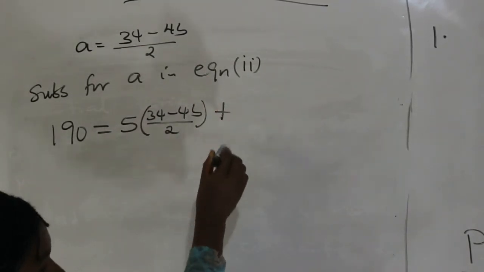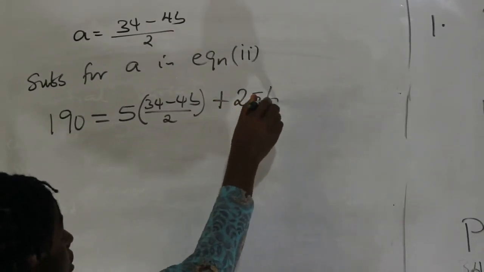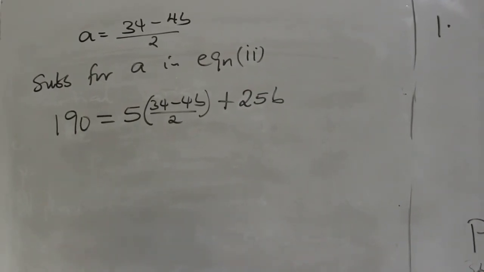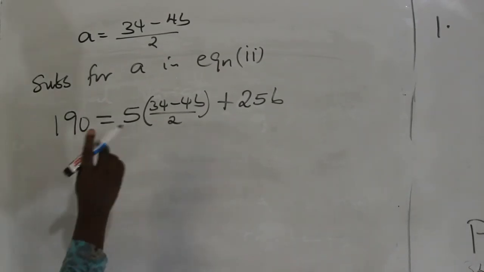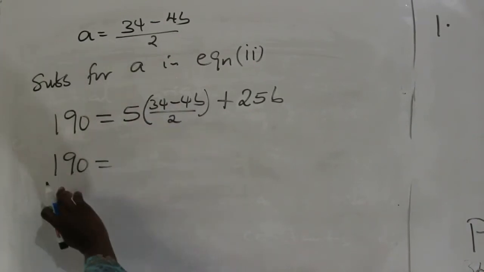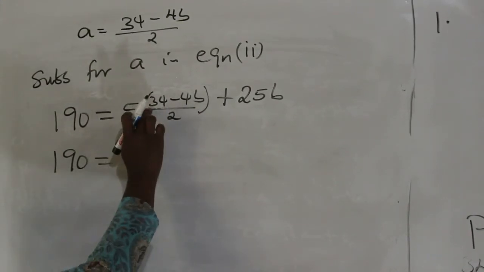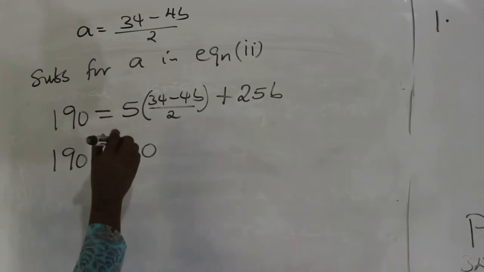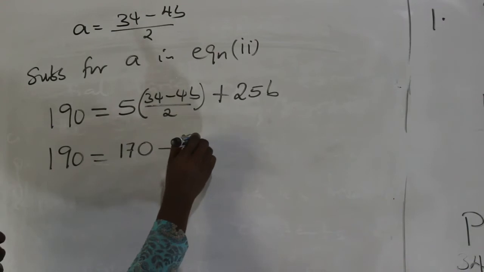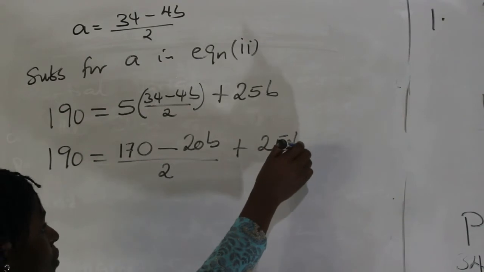Then plus 25B. So we can expand the bracket. Oh yes, let's expand the bracket and see. In expanding the bracket, we have 190 is equal to 5 times 34. Let's expand it. 5 times 4 here is 20. 5 times 3 is 15. Plus 2 is 17. Then minus 5 times 4 is 20B all over 2 plus 25B.